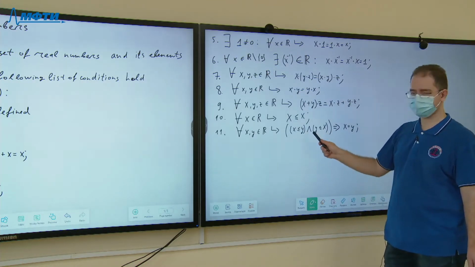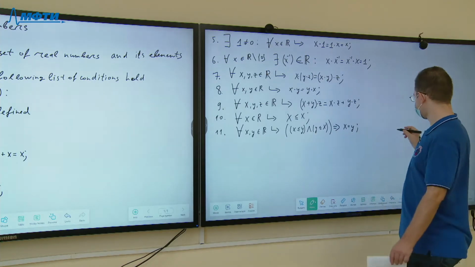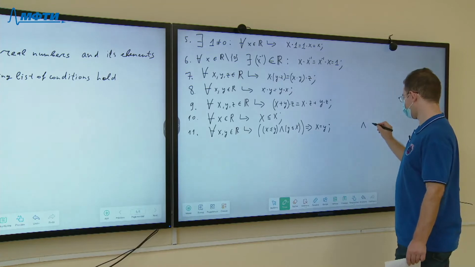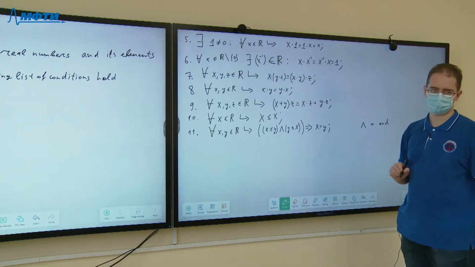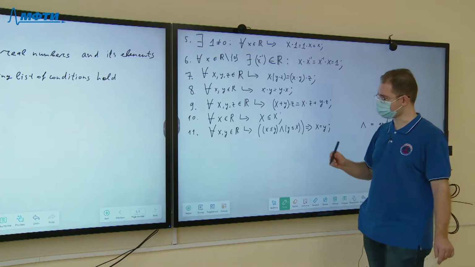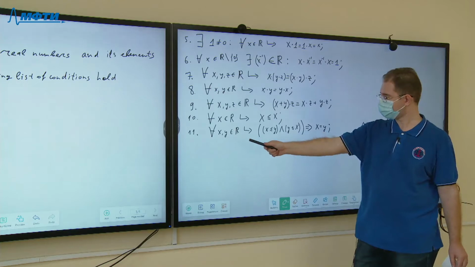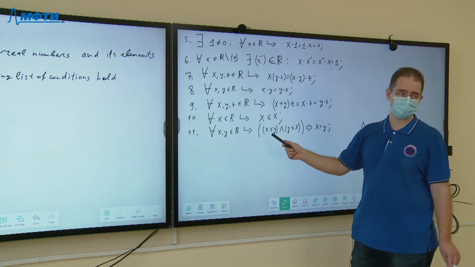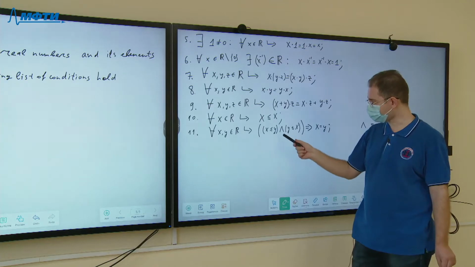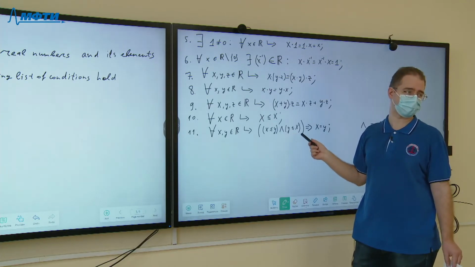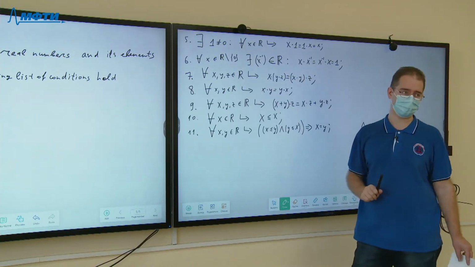This symbol means and. So for any two real numbers, from the statement that x is less or equal than y and y is less than equal than x, follows then x equals y.